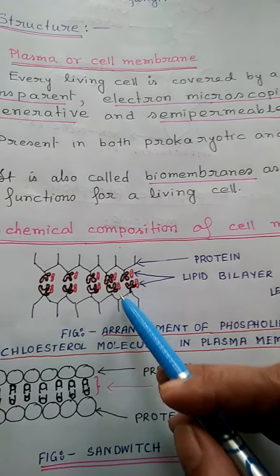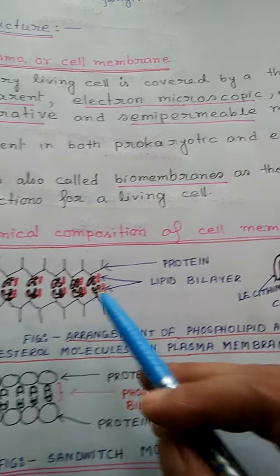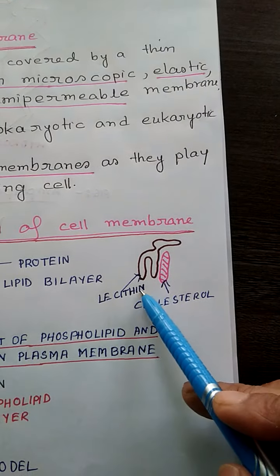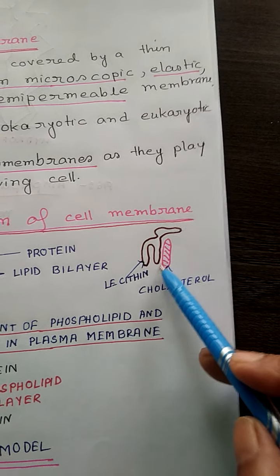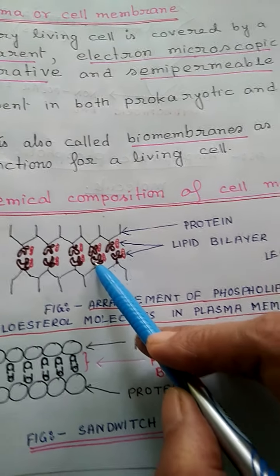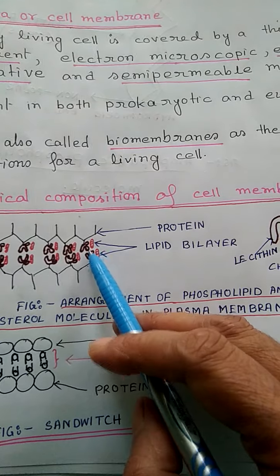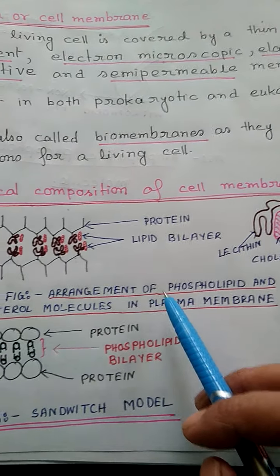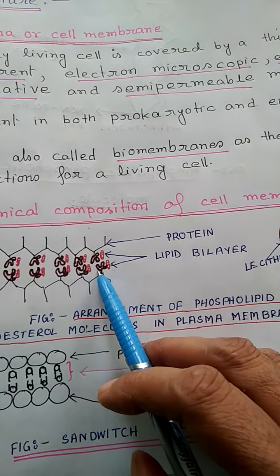Here you can see this lecithin, which is nothing but a lipid, and cholesterol. So this is the arrangement of phospholipid, that is phosphorus with a lipid.